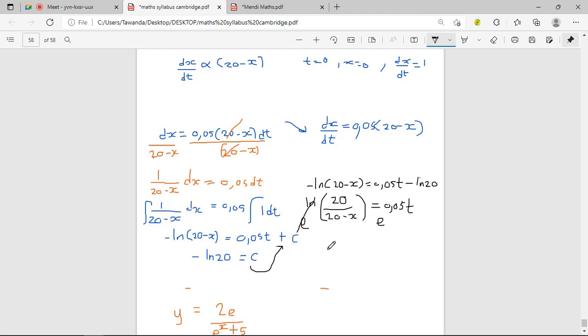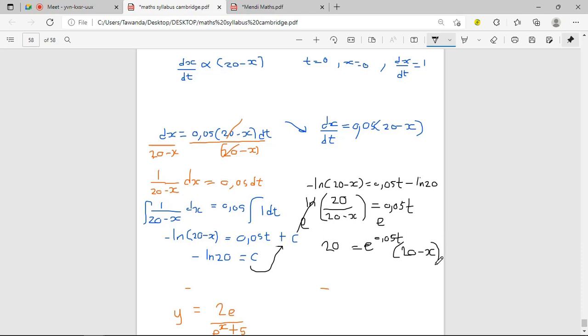What do we have here? 20 over 20 minus x is equal to e to the power 0.05 t. So that over 20 minus x is going to multiply with what? With 20 minus x, right? Yes.